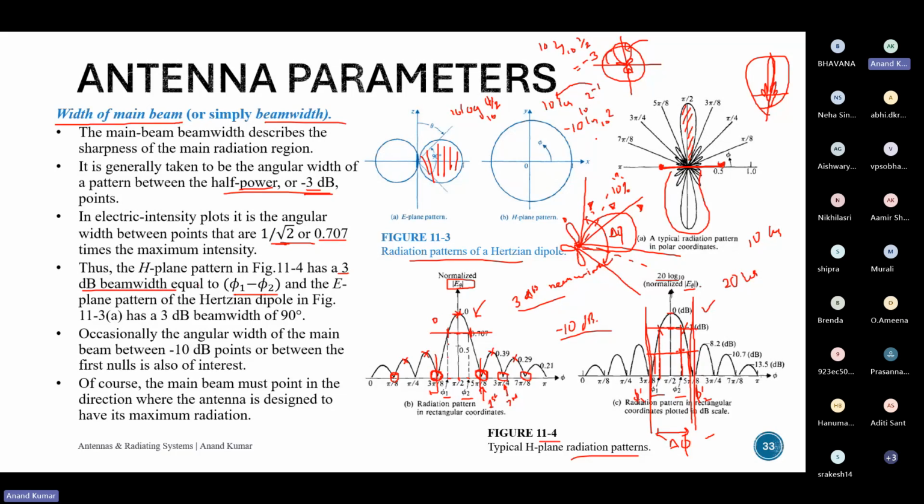Log 2 base 10 is 0.301, so this is minus 10 times 0.301, which becomes minus 3 dB. This is how we get the minus 3 dB figure.